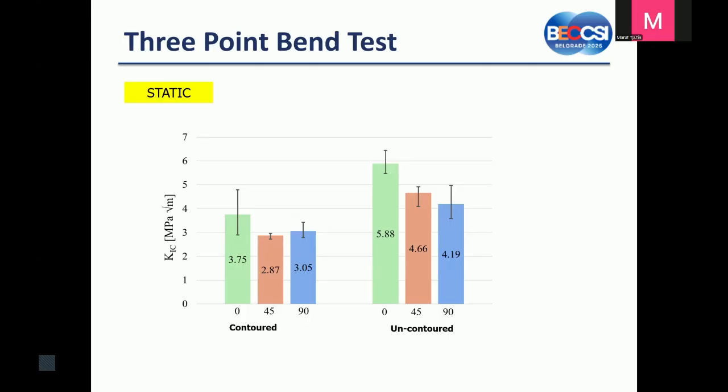So the ChatGPT prediction was not so bad. Considering the uncontoured specimens, we get higher values, and the fracture toughness is decreasing with increasing raster angle. Here we get 5.8 megapascal square meter and go down to 4 megapascal square meter.